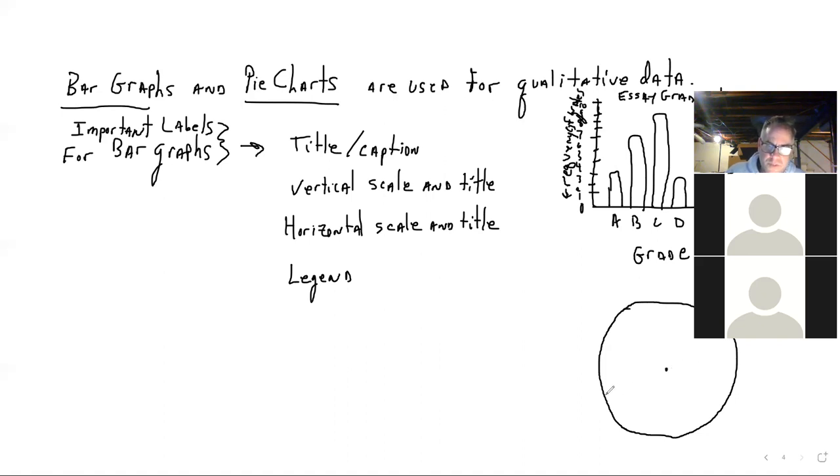And so say there were 5 grades, I'm going to chunk this off into 5 sectors, and they would be proportional to their relative frequency. So in this case, I might do that. And then I would, again, want a title, essay grade data.